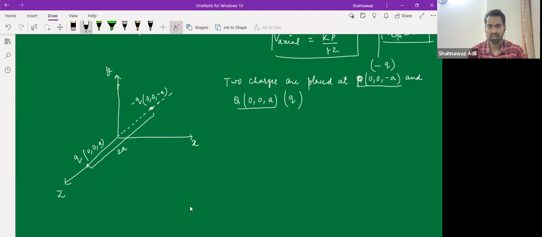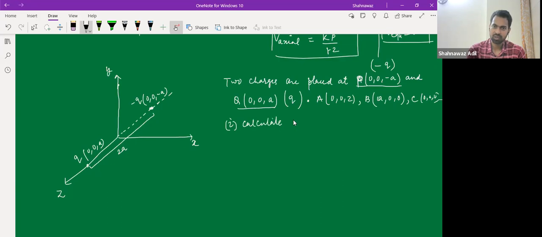Now we have 3 points. Let's say A is (0, 0, z), B is (a, 0, 0), and C is (0, a, 0). The first question is to calculate VA, VB, and VC.